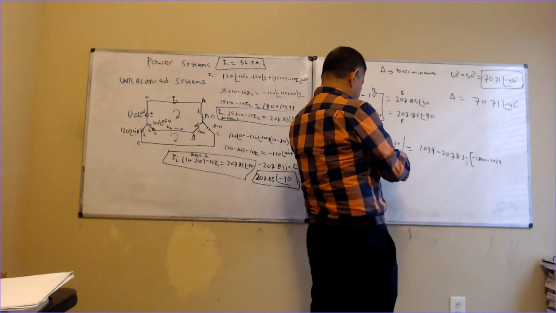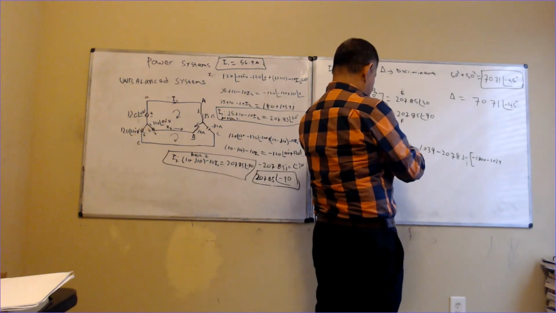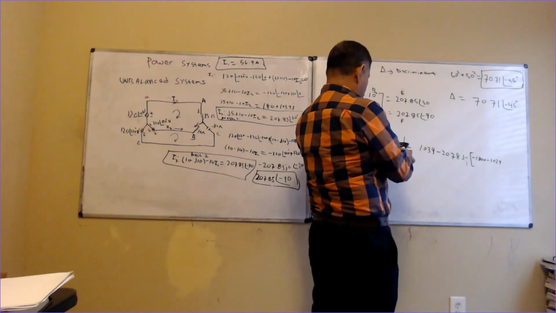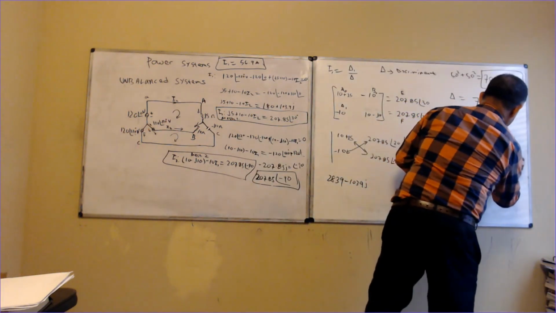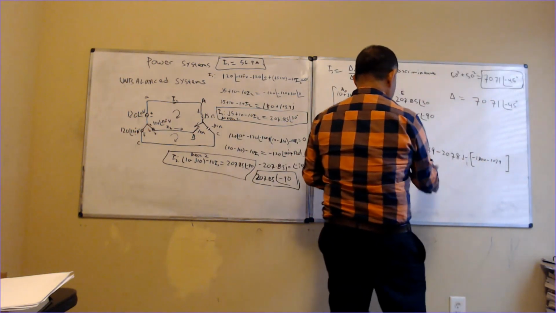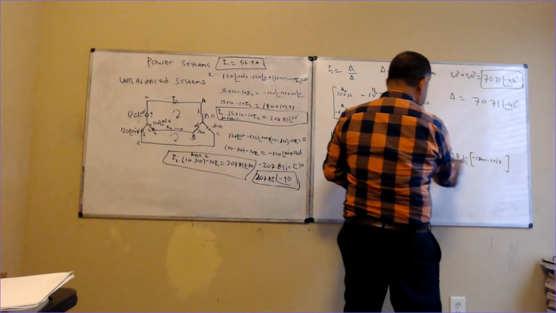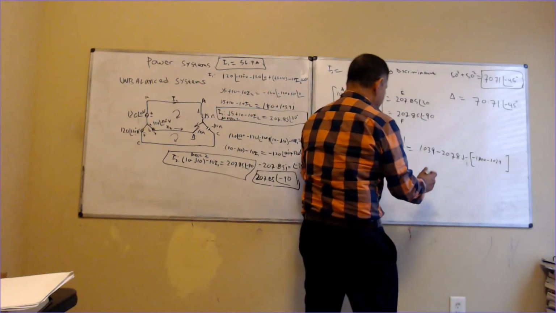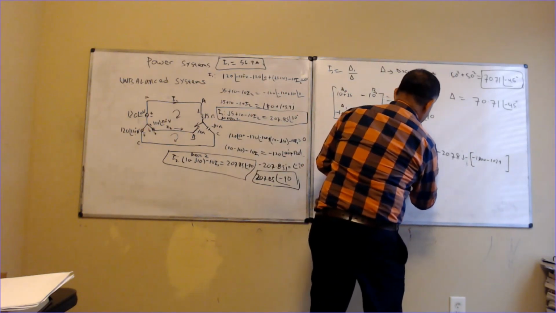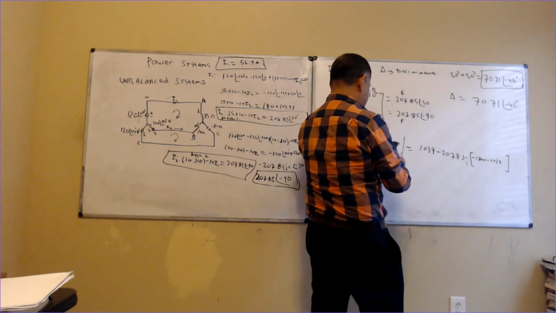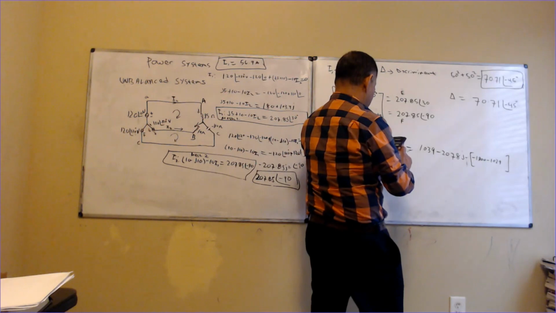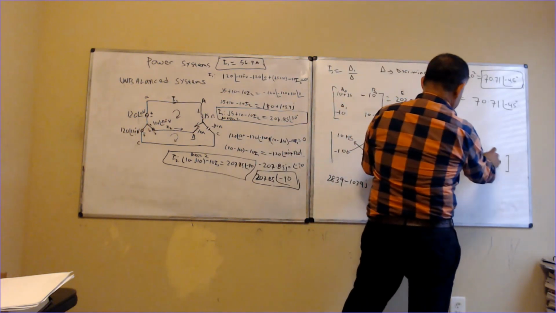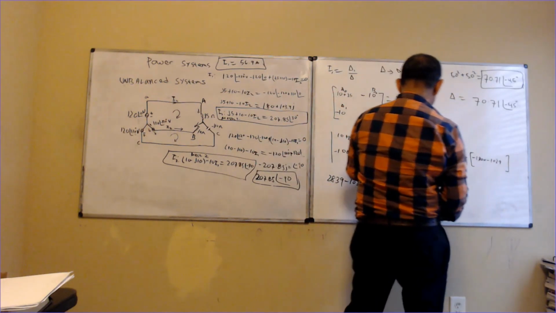We get that this one right here, right? So I get this, and that is going to give me 1039 plus, because this is going to be a positive, this is going to be a positive too, right?